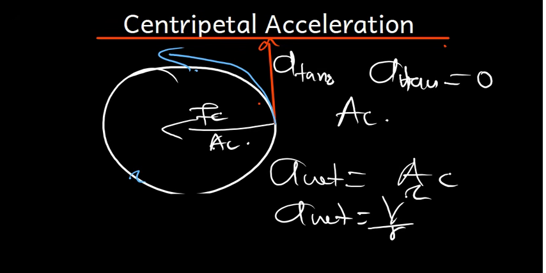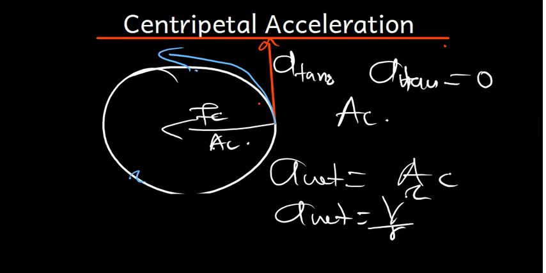So what is going to be present there is the centripetal acceleration. So an object moving with a constant speed, meaning that object is going to be moving in a circular manner, and the acceleration which is going to be present there is the centripetal acceleration only. We don't expect to have tangential acceleration because it is moving with a constant speed. So this is very, very important. We need to know this.